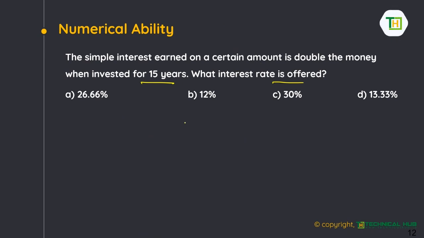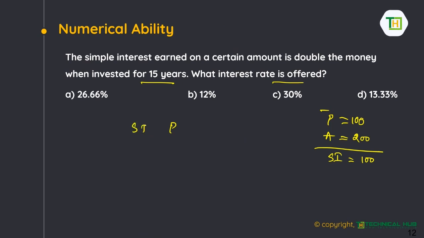We don't know the principal amount, so for understanding purposes I will take the principal as 100. That principal amount becomes double, therefore the amount is 200. If the amount is 200 and the principal is 100, the simple interest is 100 rupees, because simple interest is amount minus principal.